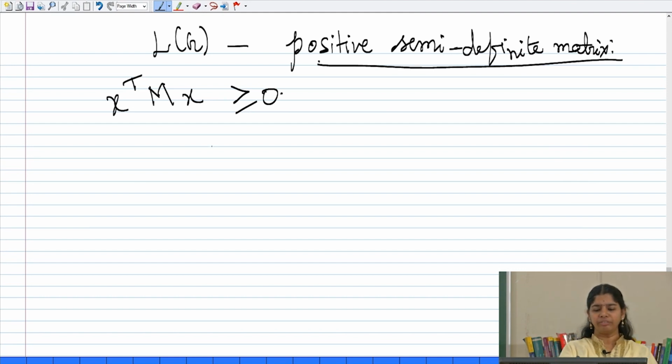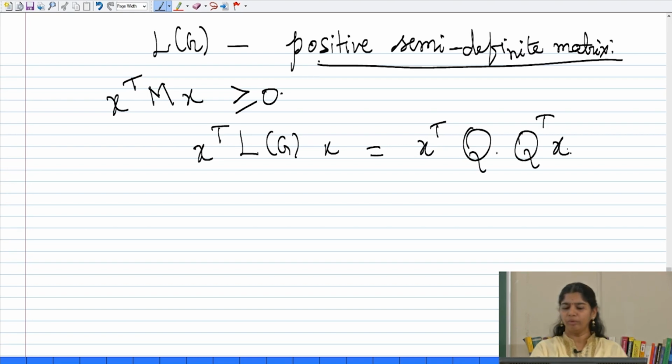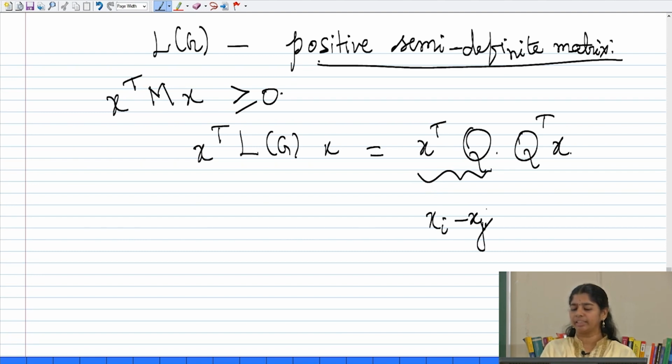Why? Because suppose I look at x transpose L x. So, what is this? x transpose Q transpose Q x, right. If you look at this Q x, what do we know from the previous discussion, we already have seen this, right, when we discussed the null space. We know at least that this will have entries looking like xi minus xj if i and j are adjacent, right.